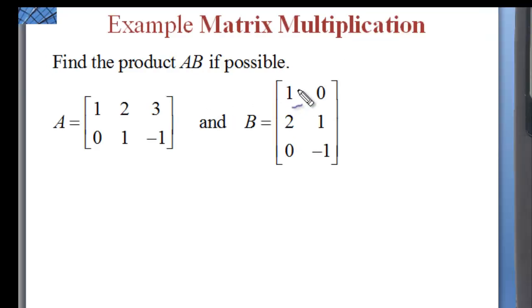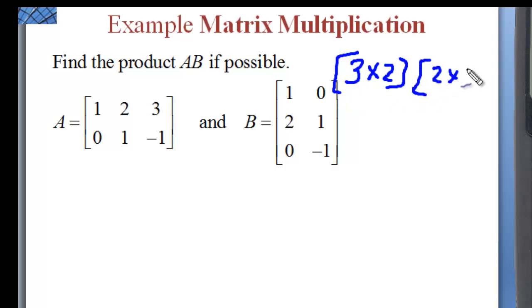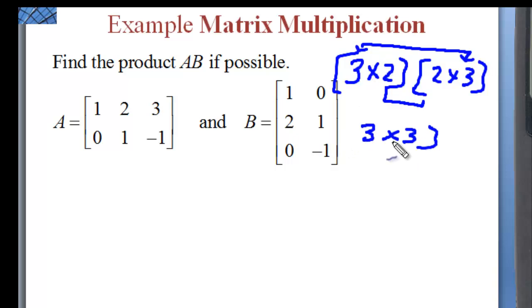So if we're going B times A, we have our 3 by 2 matrix, and we're multiplying it by a 2 by 3 matrix. Those two must match, and we will end up with a 3 by 3 matrix as our answer.